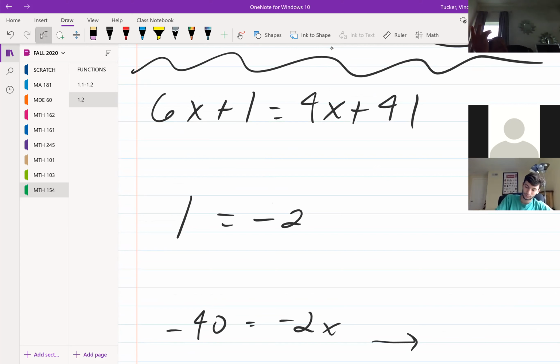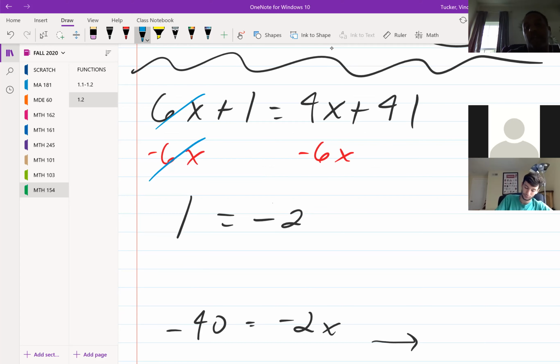Once again, since I have variables in different places, your goal should be to get all of your x terms on one side of the equation, all of your terms without x to the other side. Last time I took the variable to the left, so this time I'm just going to subtract 6x from both sides to take it to the right.